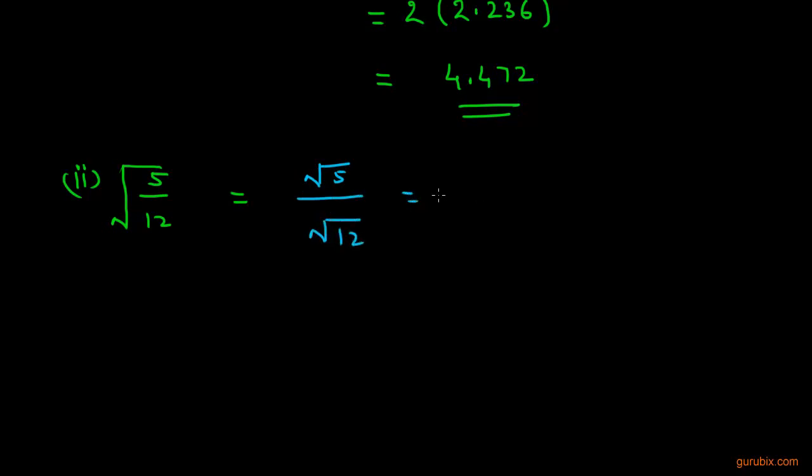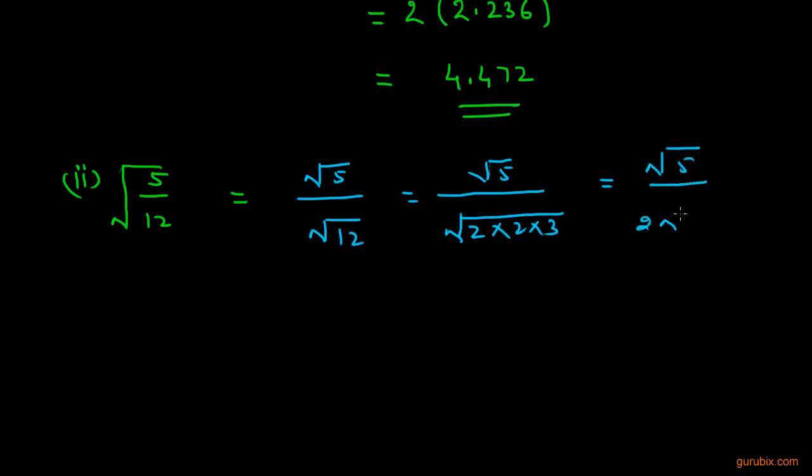We can factorize this 12 like this: 2 into 2 into 3, and this can be written as 2 root 3. So finally the value is root 5 over 2 root 3.